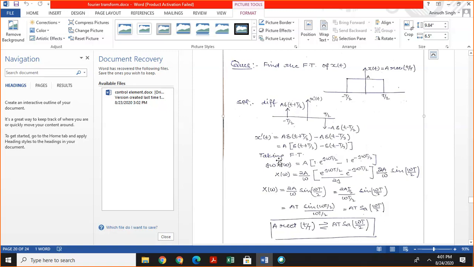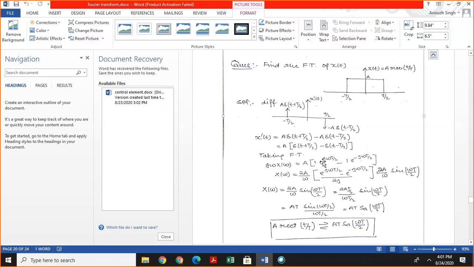We can write this equation, and taking the Fourier transform on both sides, since this is the differentiation of x of t, X of omega is multiplied by j omega, and in this case A is constant. The Fourier transform of delta t is 1, and this is shifting.